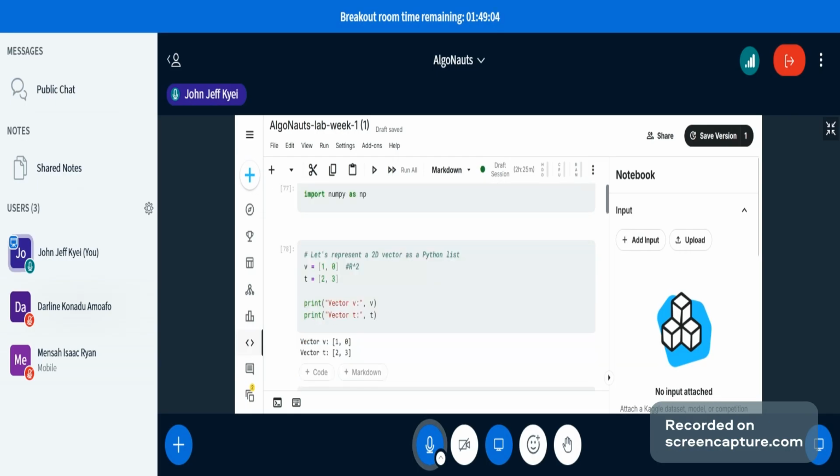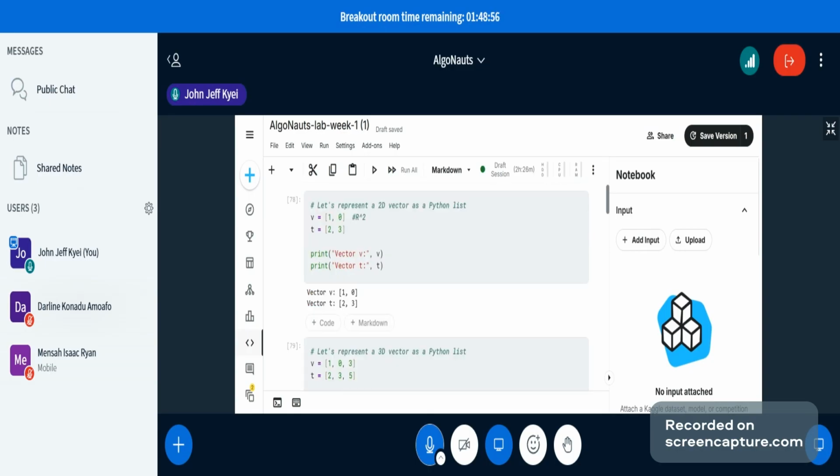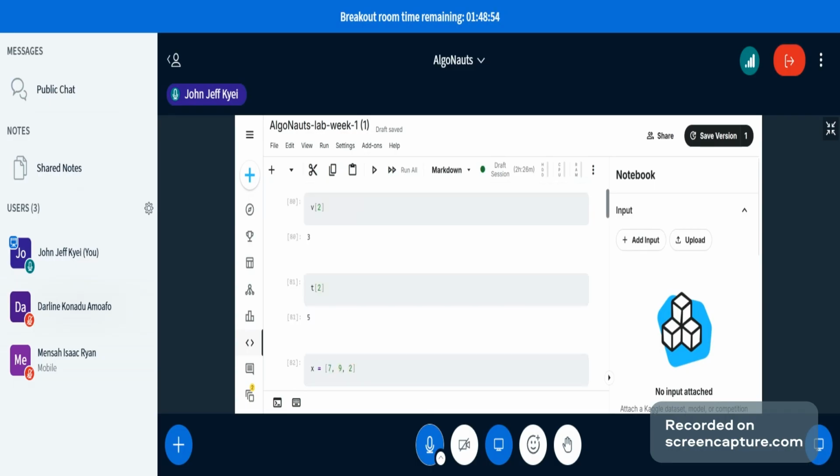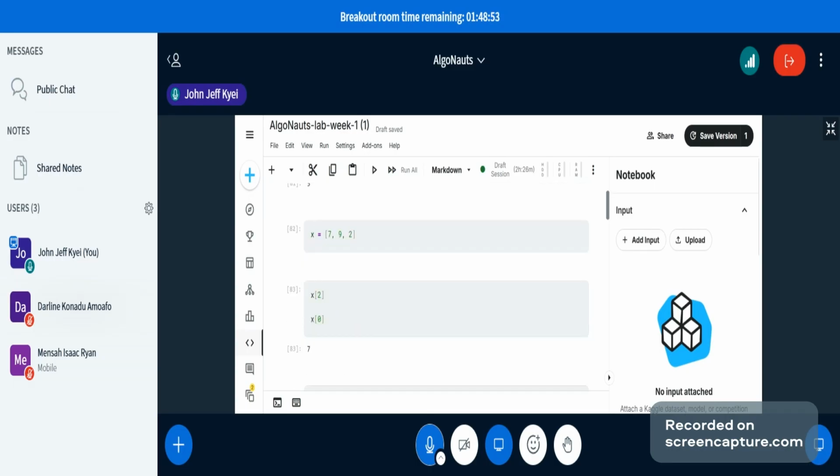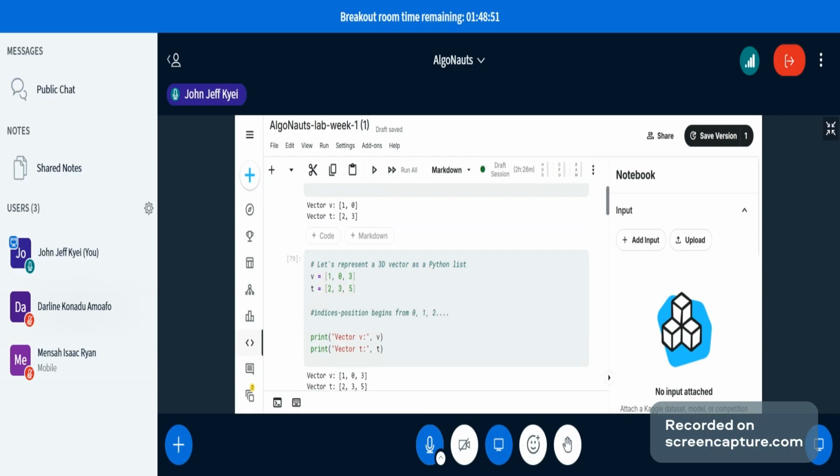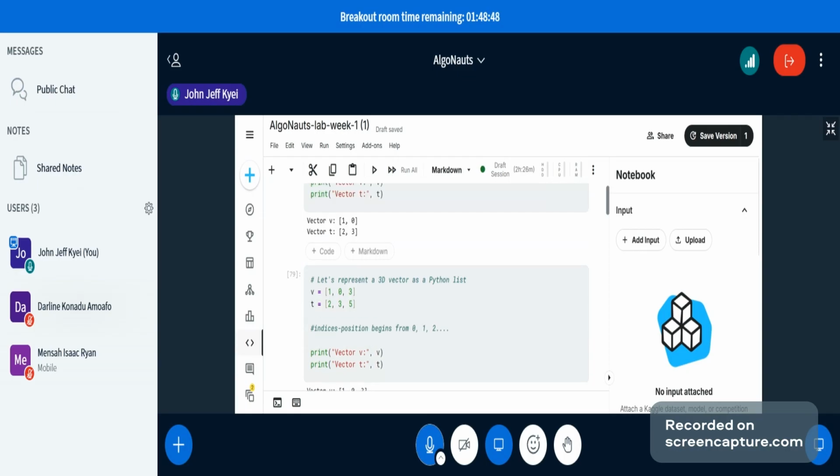what we are doing is representing a vector in Python using the normal Python syntax without any library, and also doing it with NumPy, a Python library, just to see the difference.